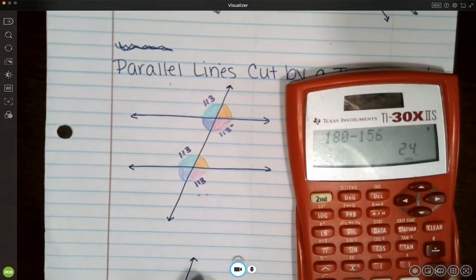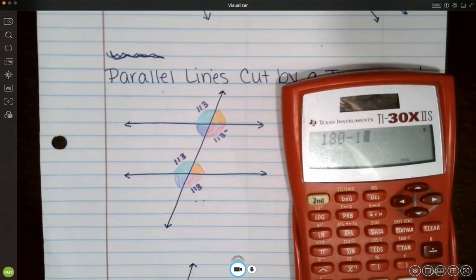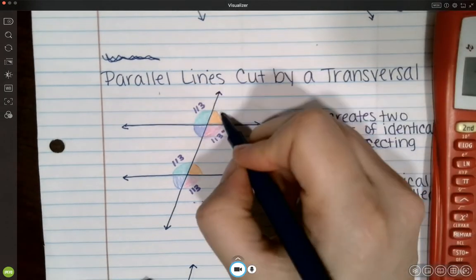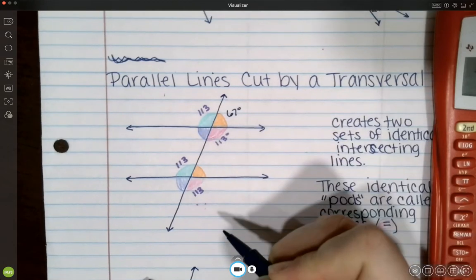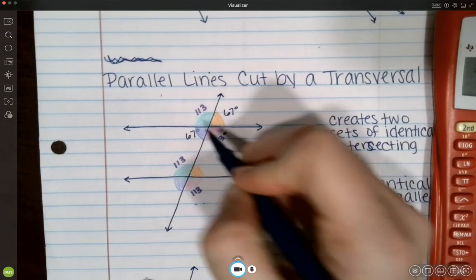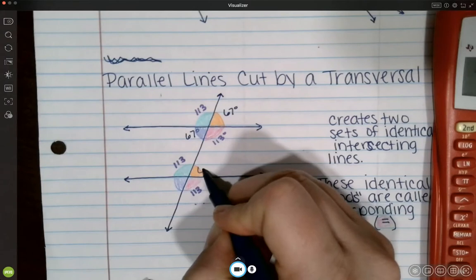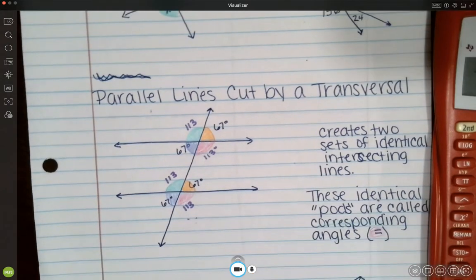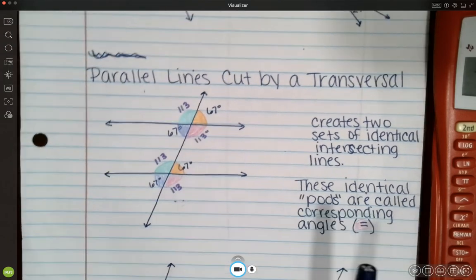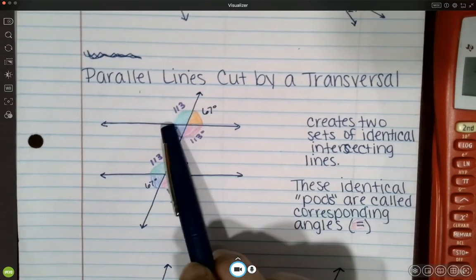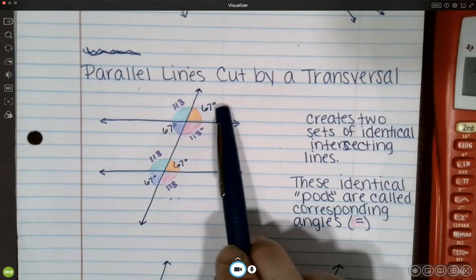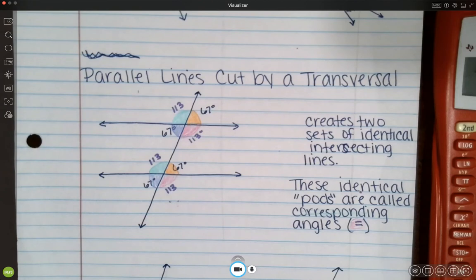Then when I do 180 minus 113, I discover the other number I'm using is 67. So this has to be 67, which means across from it has to be 67, which means this orange piece has to be 67, and this blue piece has to be 67. Both pods have to match exactly. Vertical angles will be equal. Supplementary angles would make 180, and all the way around, they would have to be identical.